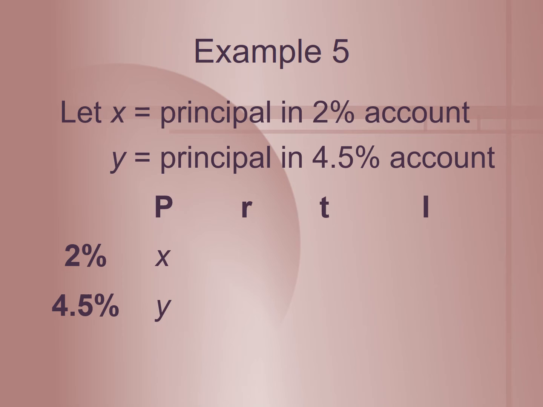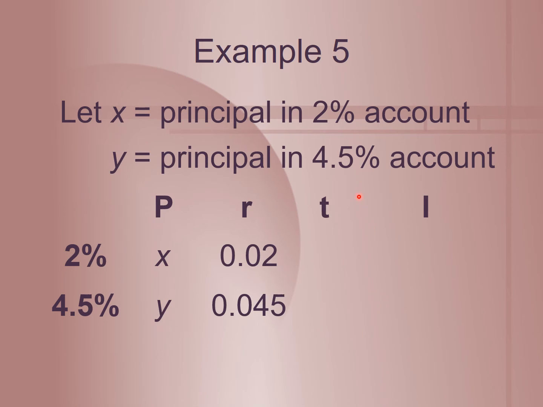The rate for the 2% is 2% written as a decimal. We'll move our decimal over to the left twice, and we get 0.02. The rate for the account that has 4.5% is the decimal of 4.5%, so we'll move our decimal over twice to the left, and we get 0.045.